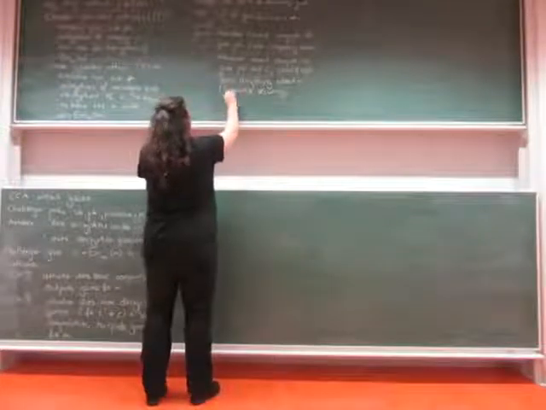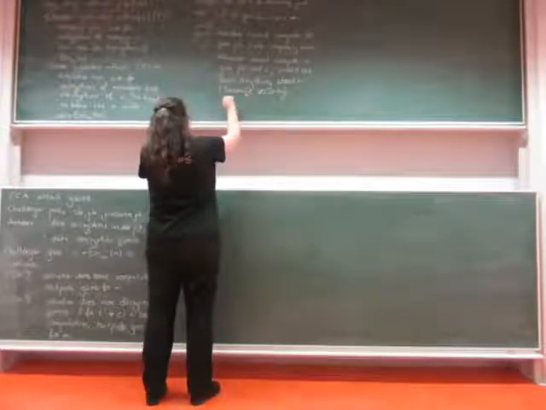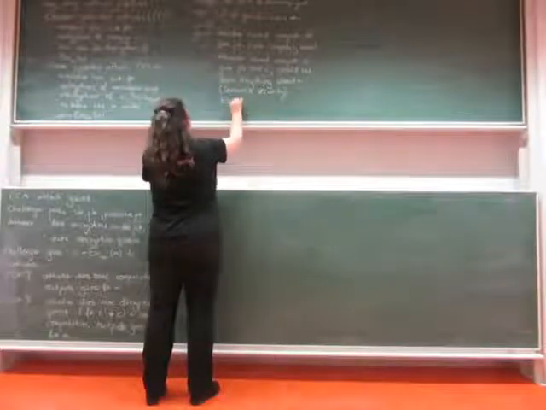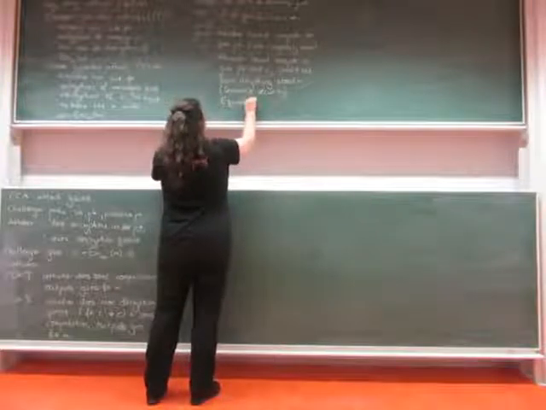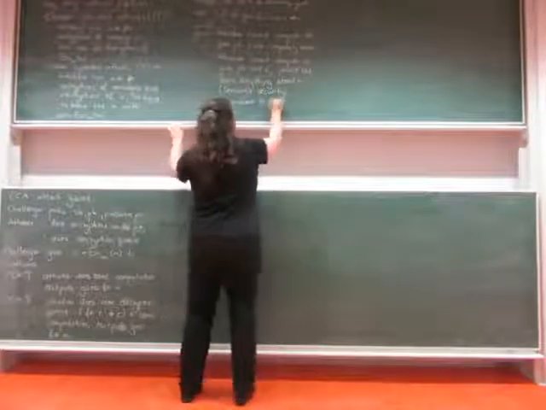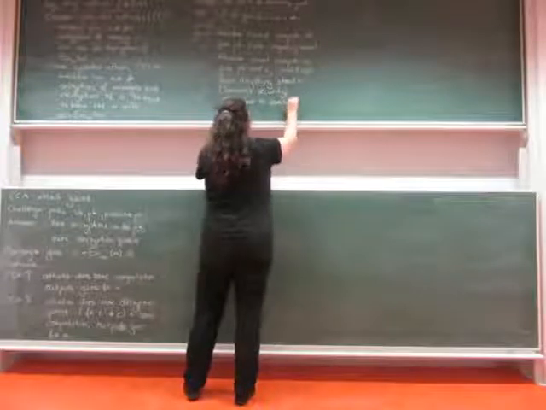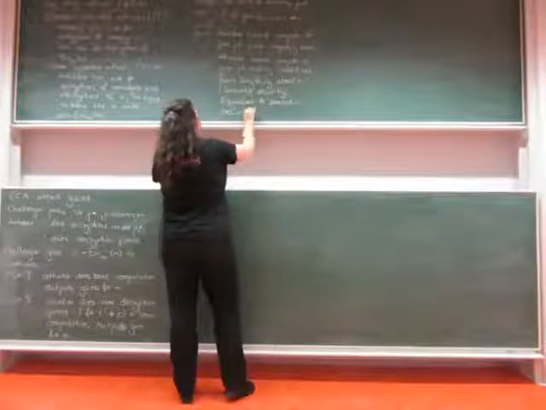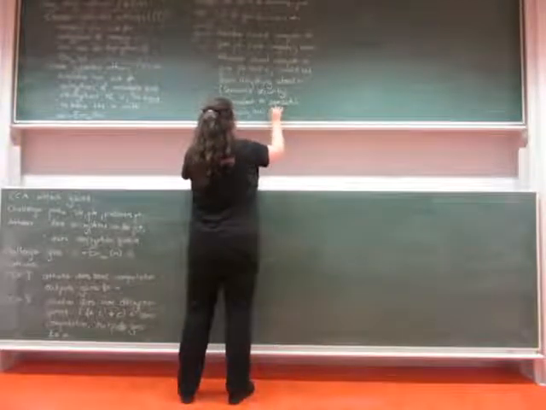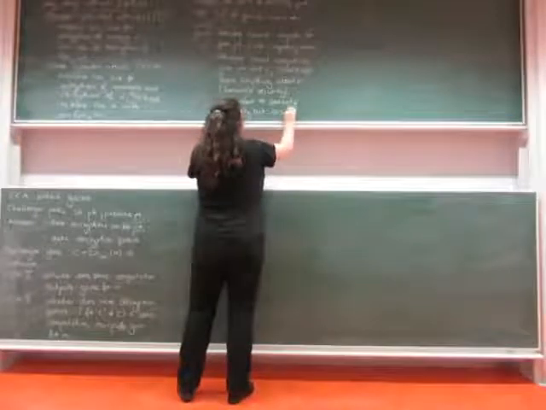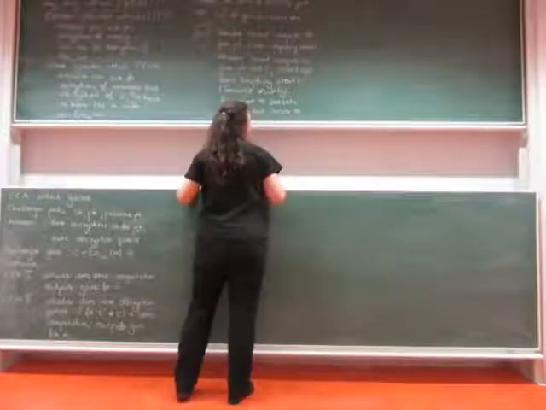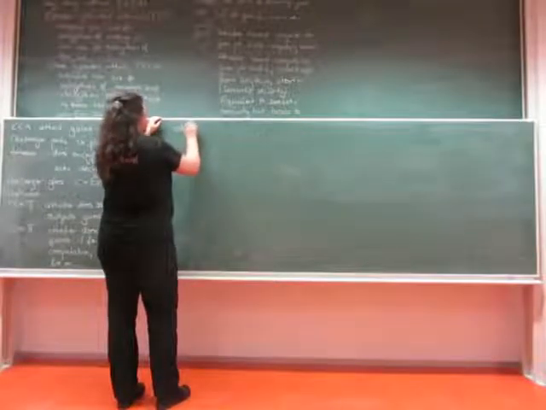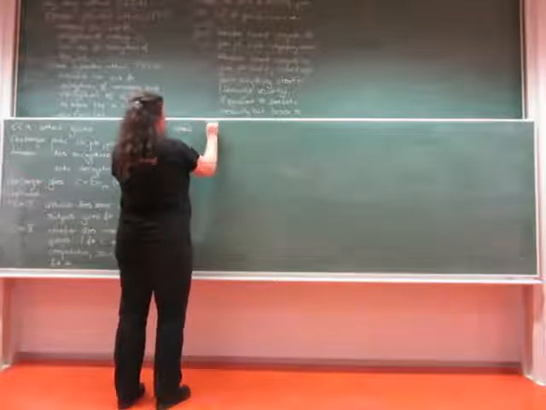And this is actually equivalent to this semantic security. But it's easy to show. That's the ciphertext indistinguishability.